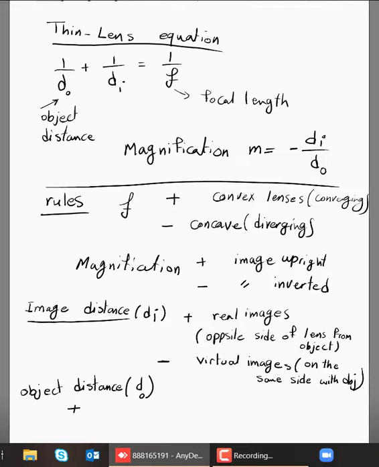This is positive for real objects. Real objects means from which light diverges, and of course it is negative for virtual objects, which means toward which light converges.